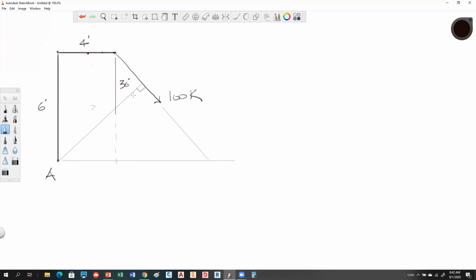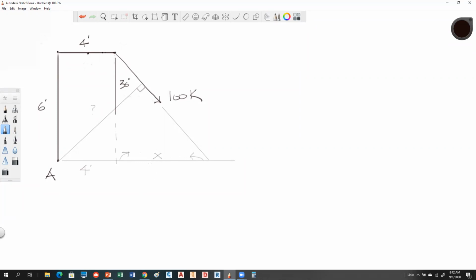This problem is a lot messier, okay? So if we know that this right here is 4 feet, we can solve this, and ultimately we can solve that. Does anybody know how we would solve this if we know that this is 6 feet and that's 30 degrees? We'll call this X, which is the distance from here to here.